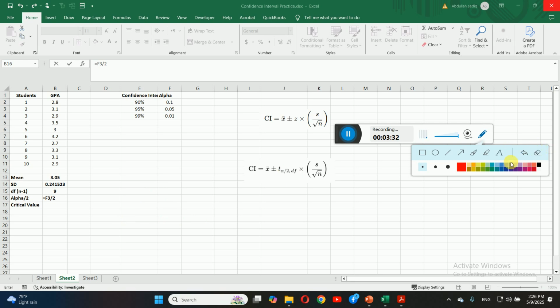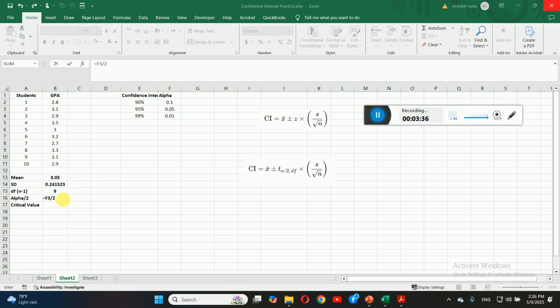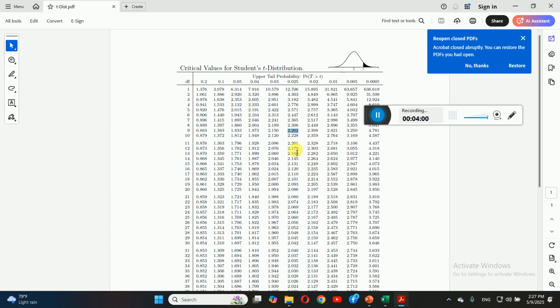Okay, students, now in our example we found alpha over 2. The t critical value requires this and the degree of freedom also. Now we need to find the critical value using these two pieces of information. The intersection of degree of freedom and alpha should be taken from the table of t distribution, also called the Student's t table.